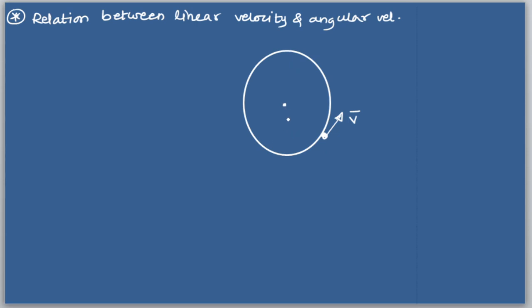Its position from the center will be given by the radius vector r bar, and at that instance of time the angular velocity of the particle is, let's say, omega. Of course, omega is a vector, an axial vector. If the particle is rotating anti-clockwise, then omega is coming out of the board. So this dot represents the vector coming out of the board. So what is the relation between v bar, omega bar and r bar?